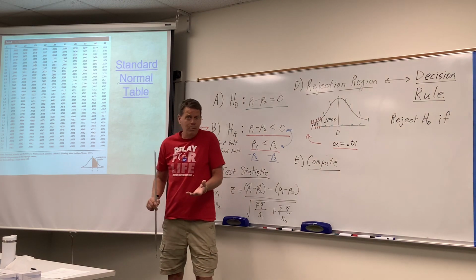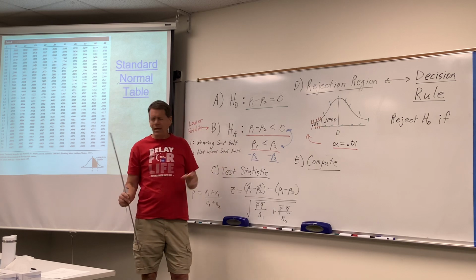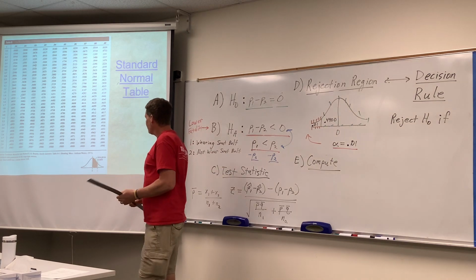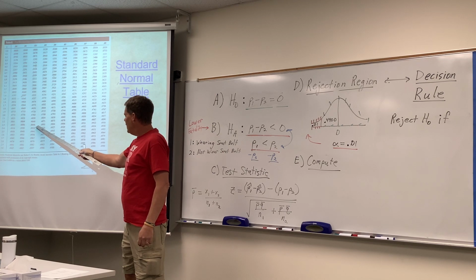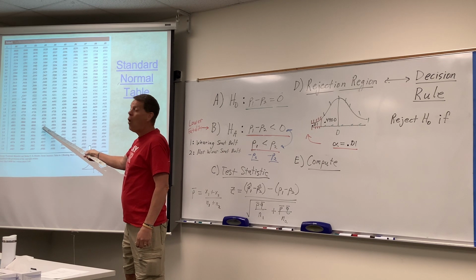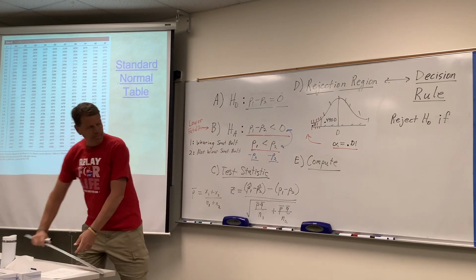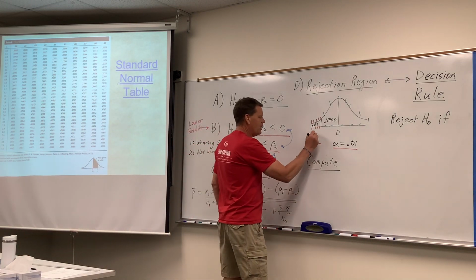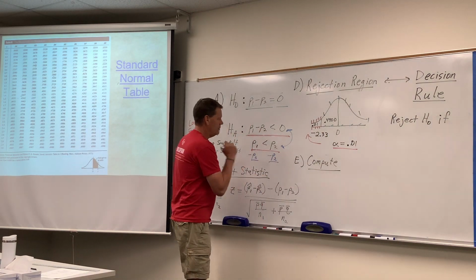It seems to have gone way better once I said, let's just learn one table and stick to it. So 49% middle sliver is going to be 4901, is what I see there. And so that's 2.33. And note that because of the less than, that would be negative, right?